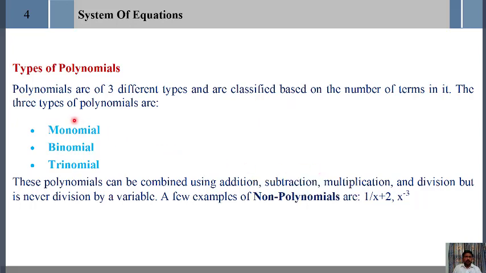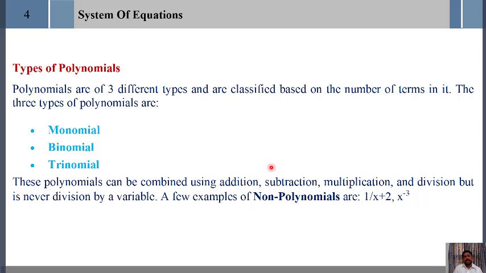You see, monomial, binomial and trinomial. These are all three different types of polynomial. And in fact, with respect to powers of variable, that polynomial can be extended to higher degrees also.